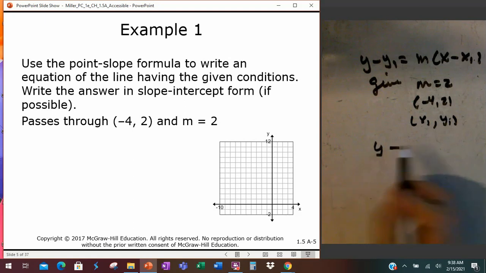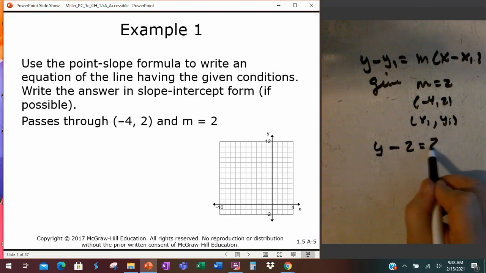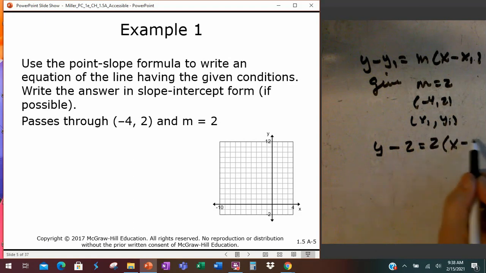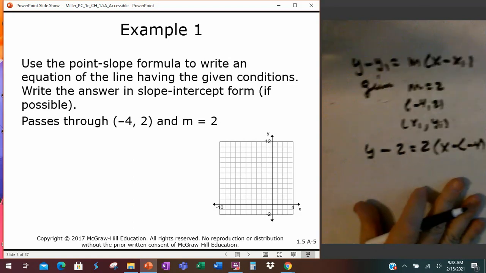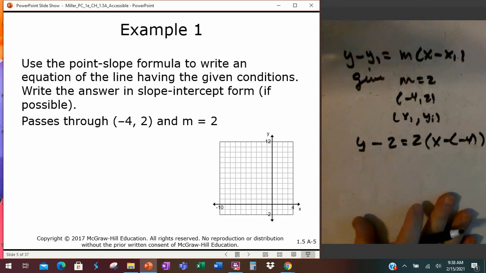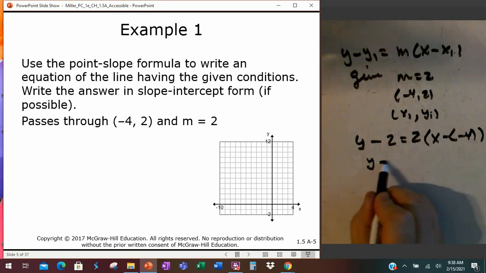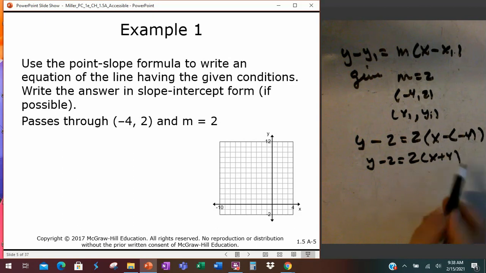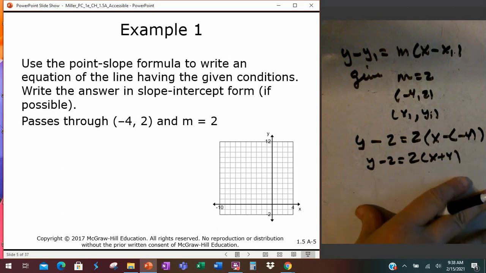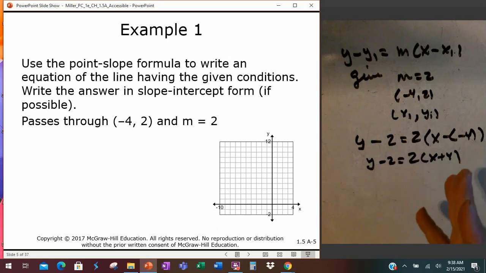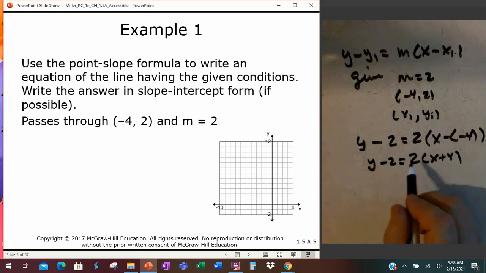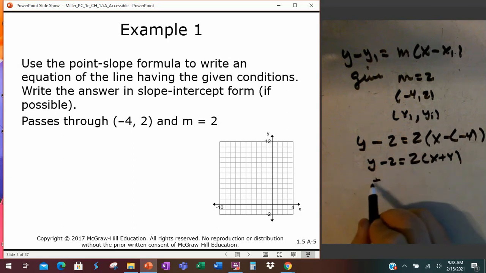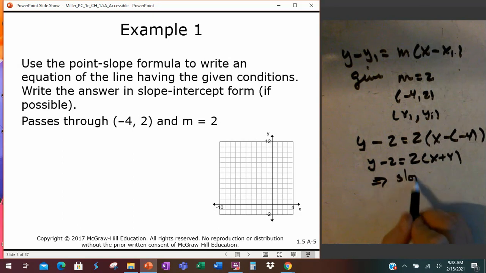Okay, so y minus 2, slope is 2, x minus my -4. Okay. So y minus 2 is 2x plus 4, and if that's all I'm asked for is the point slope, then that's all I'm given, but it's saying write the answer, so go from there to the slope intercept.